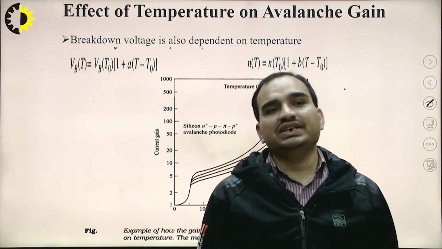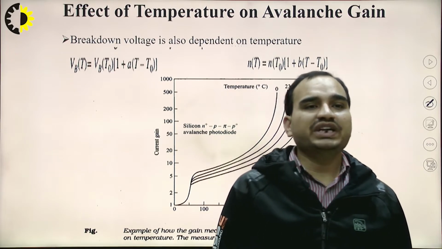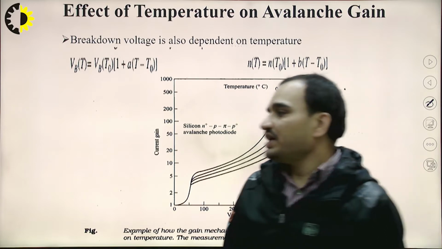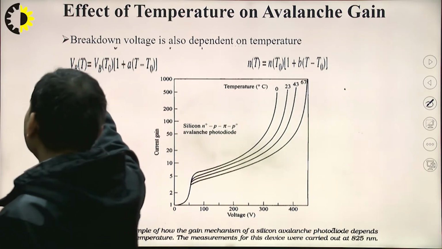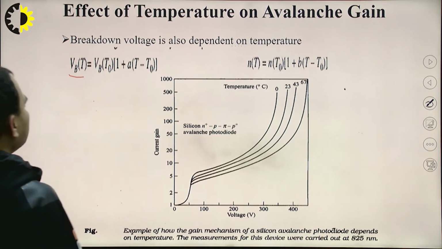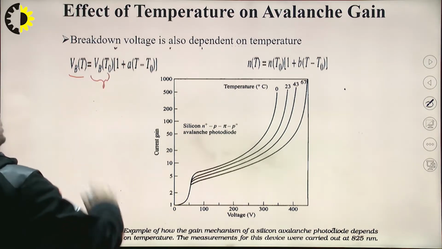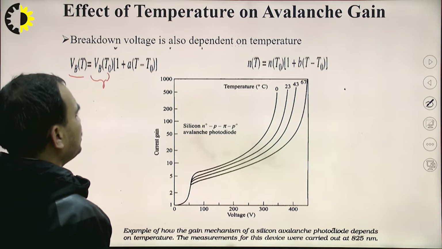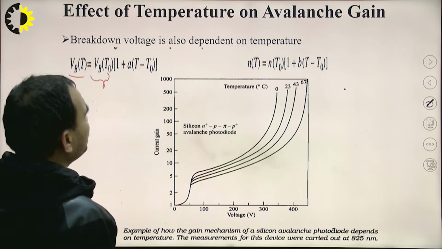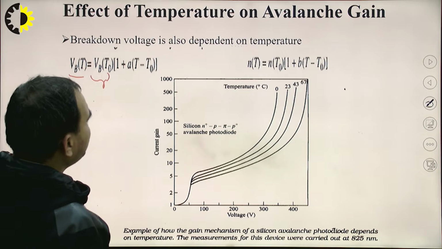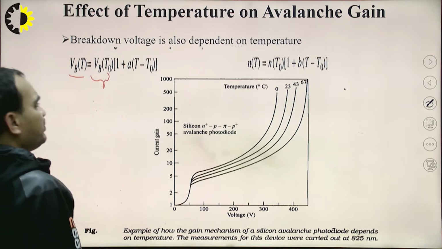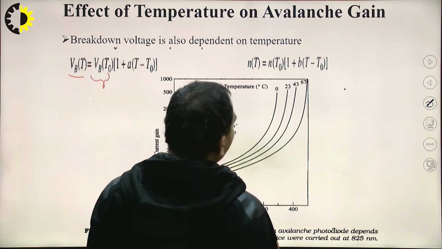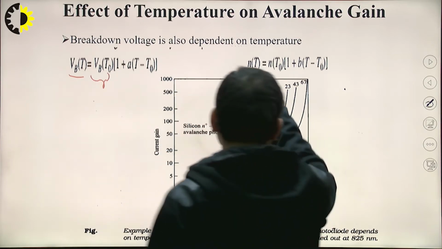As we can see in this figure, the breakdown voltage is also dependent on temperature, given by the expression VB at temperature T equals VB at the initial temperature T0 times 1 plus A(T minus T0). It can also be given in terms of the refractive index n, which changes with temperature: n(T) equals n(T0) times 1 plus B(T minus T0).